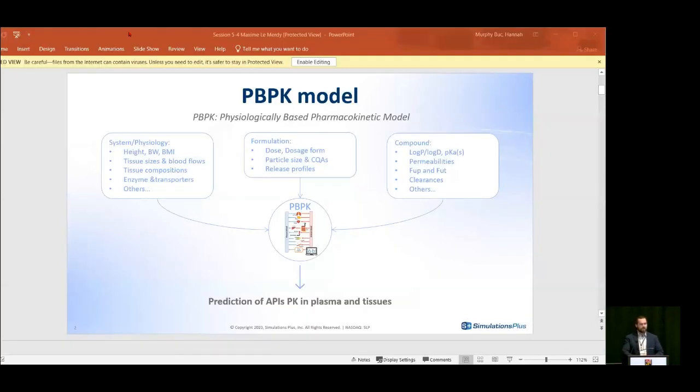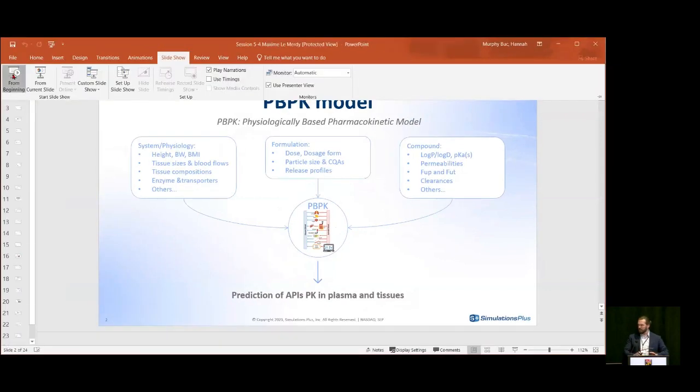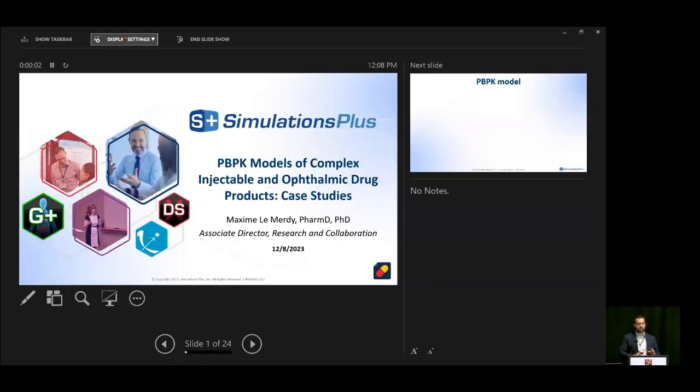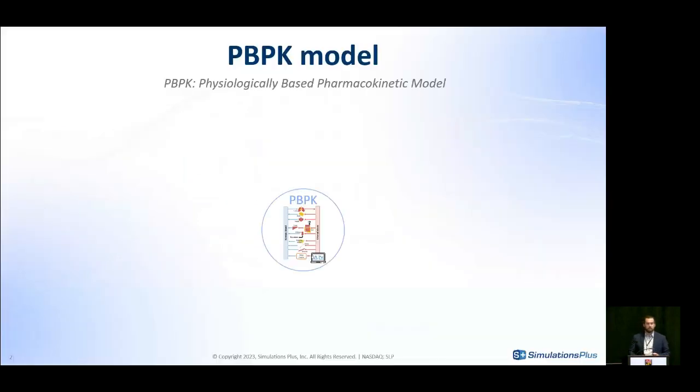In this presentation, I'm going to talk about PBPK models. And just so we're all on the same base, I want to define briefly what PBPK is. PBPK is an in silico modeling and simulation tool, standing for physiologically based pharmacokinetic model.